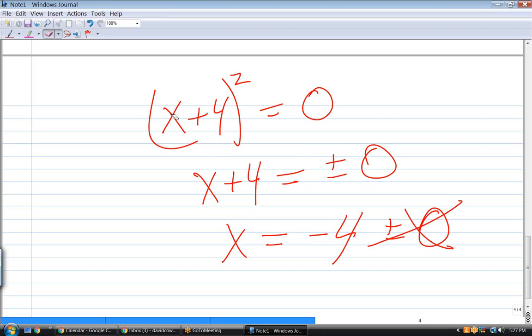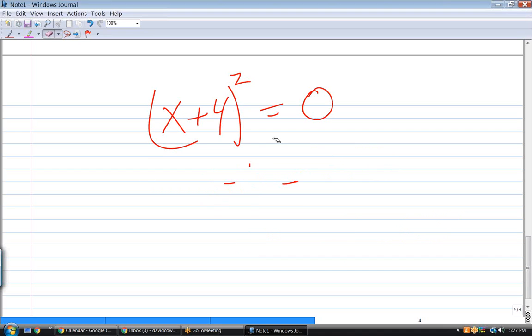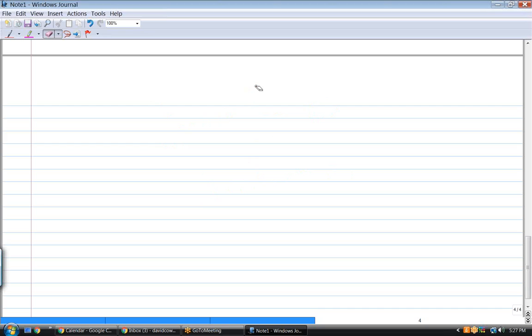All quadratics are going to have 2 answers, and this is a quadratic. It's just that we've got one answer, but there's something called multiplicity associated with some of the answers also. And that was one of them.